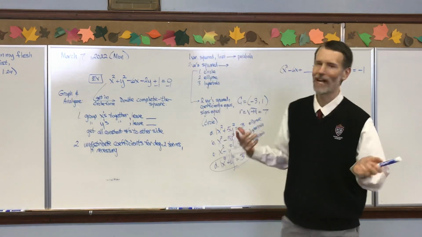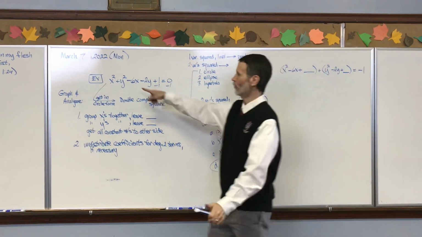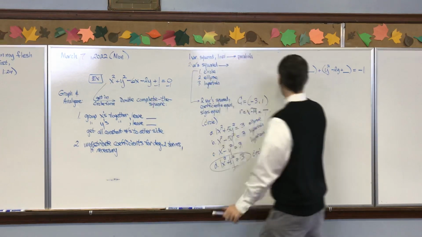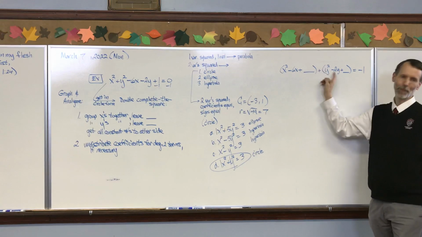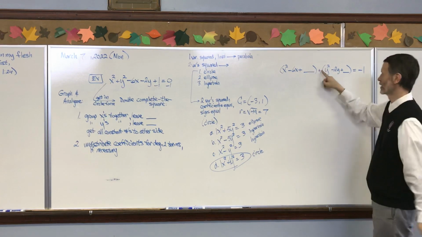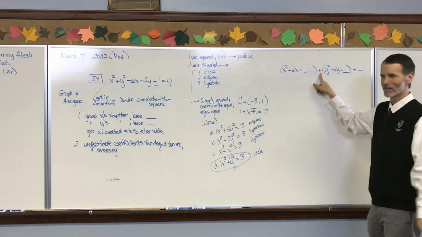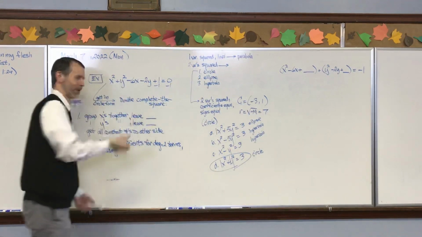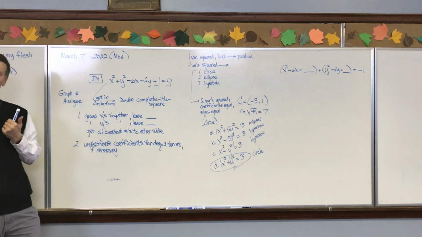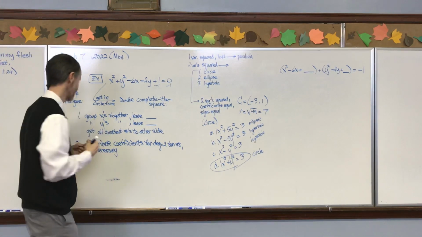In this case, it's not necessary. If this had been like 4x squared, I'd be pulling a 4 out. If this were like 9y squared, I'd be pulling a 9 out. Not all the way in front, but just in front here. Does that kind of make sense? So if you had numbers in front of the x squared or the y squared, I'd be pulling them out in front right now. In this case, we don't have to.